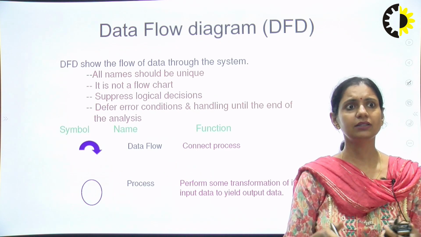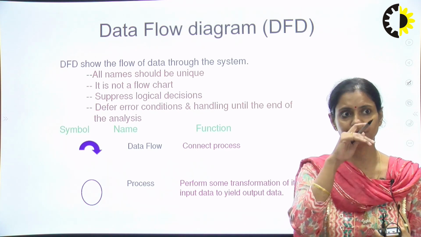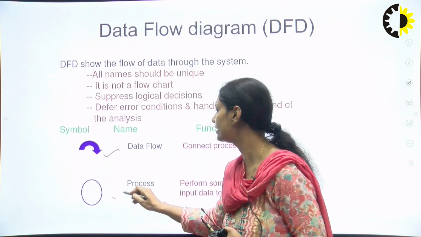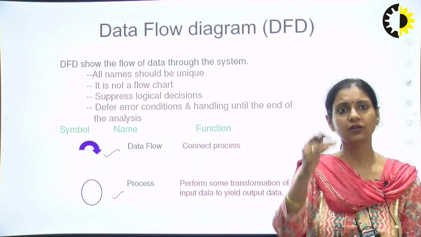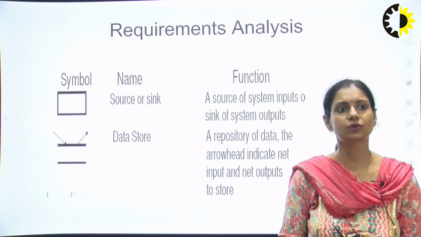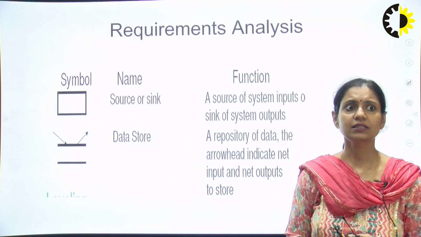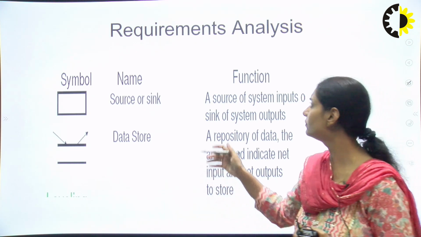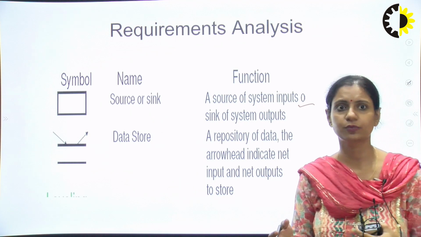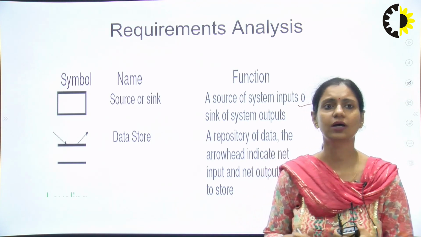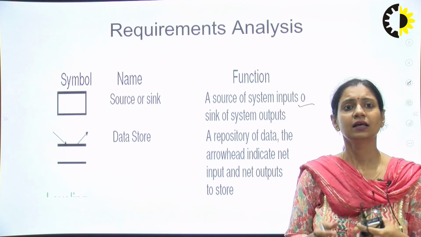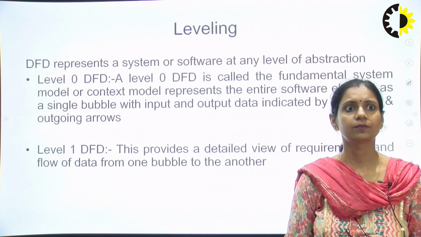In DFDs we have two main symbols: the data flow and the process, showing how data comes into the process and how it goes out. There are also the source or sink, which is the source of the system input or the sink of the system output, and the data store, which is a repository wherein the data is stored.